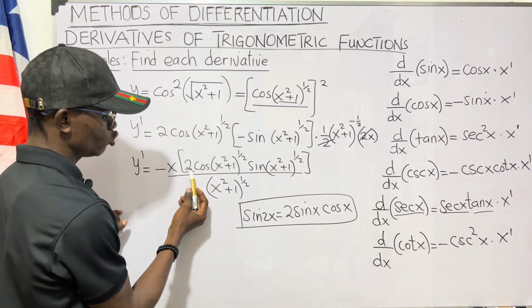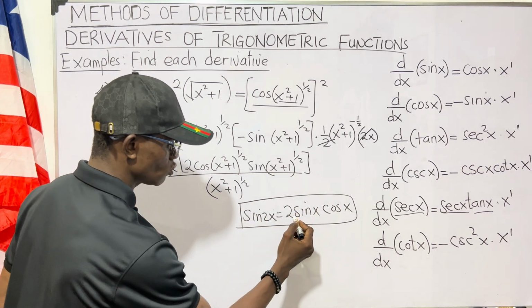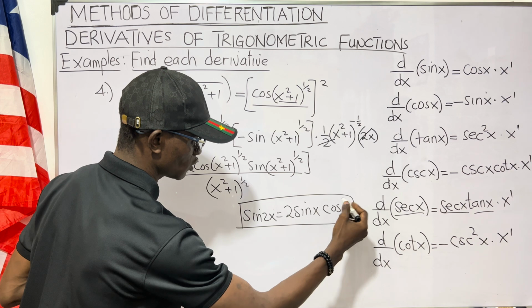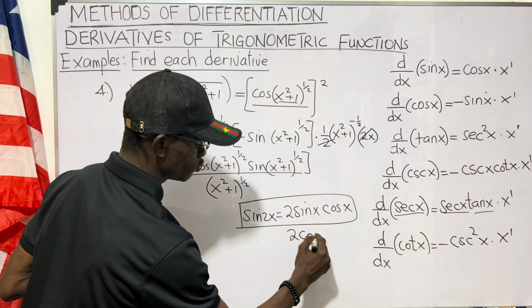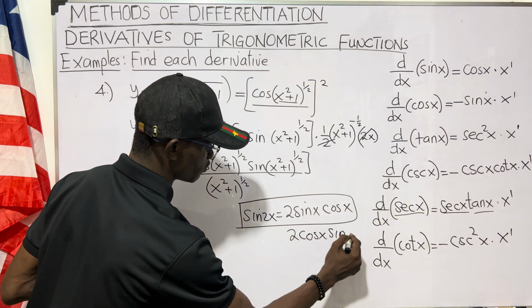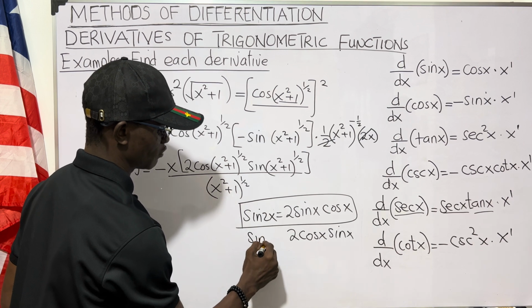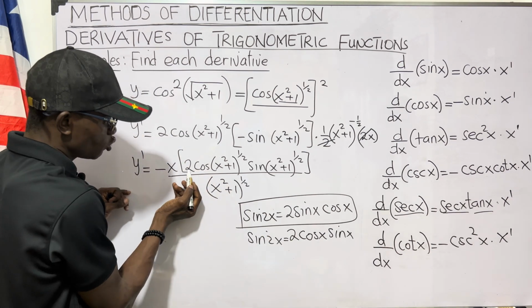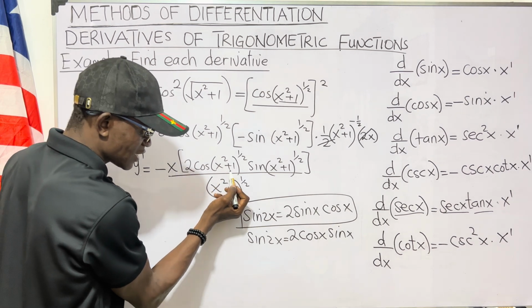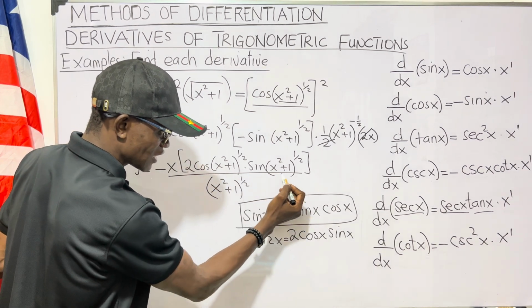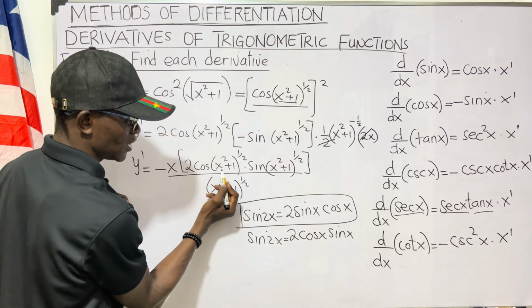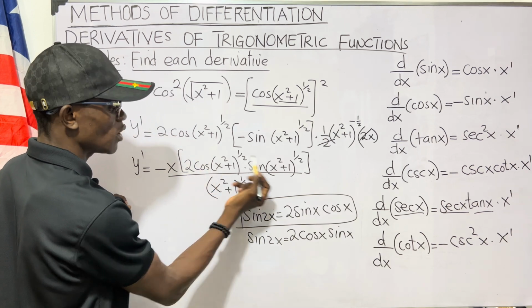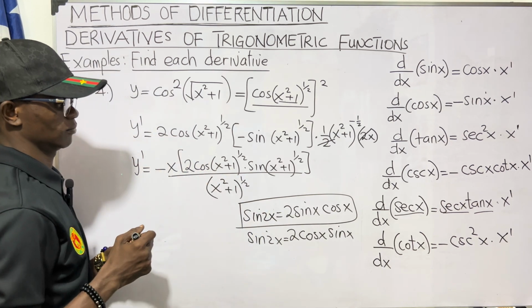you understand that we have 2. Now, this 2 sine of x cos of x is also 2 cos of x sine of x. Remember, sine of 2x. So this is 2 cos of x times sine of x. So our x here now is representing the square root of x squared plus 1.